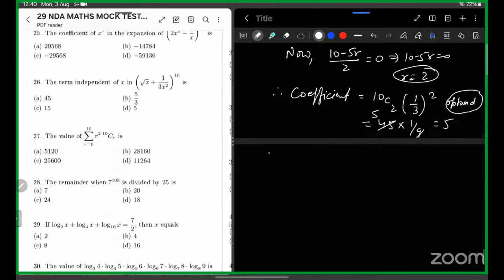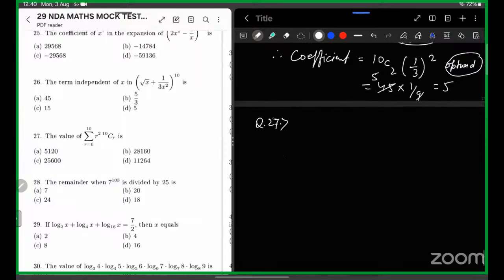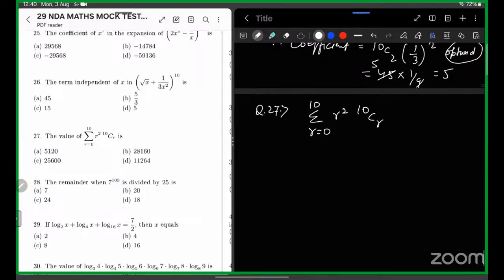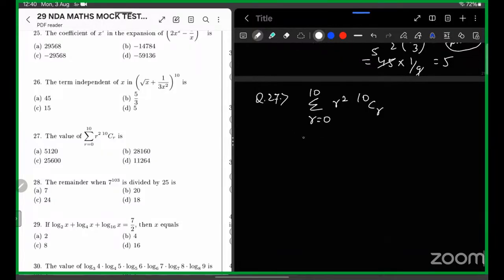Next. Question number 27. What is the value of the summation they have given? r equal to 0 and the upper value is 10, then r squared 10CR. They are asking the value of this. We can calculate this value.